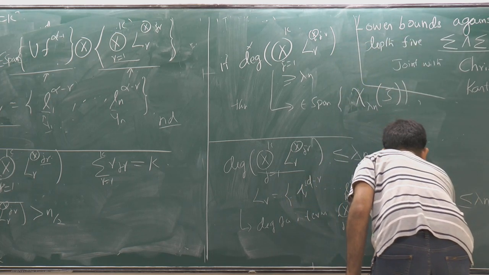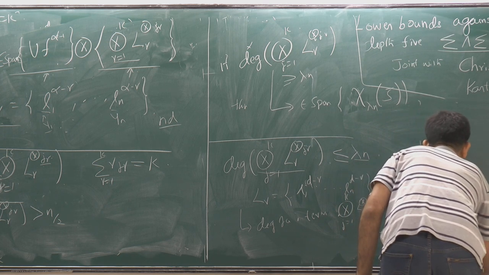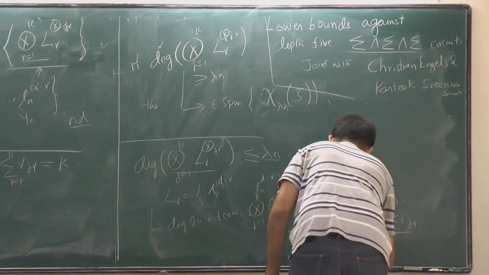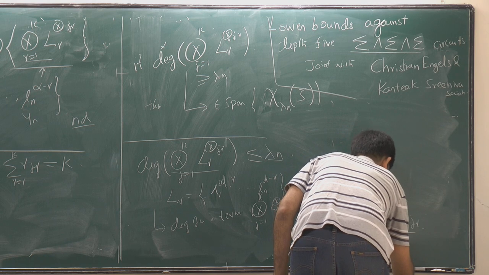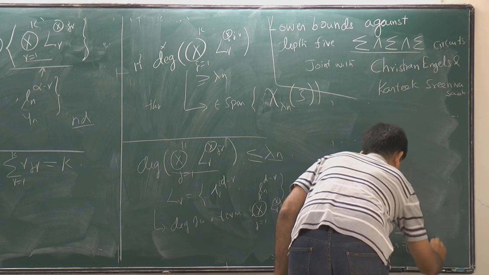This implies d times summation J_r is at most lambda n plus summation r J_r, which is at most k, in fact equal to k. So this is lambda n plus k, which is 3/4 of n, that is, 1 plus epsilon times n.